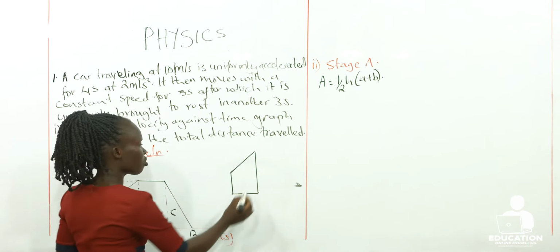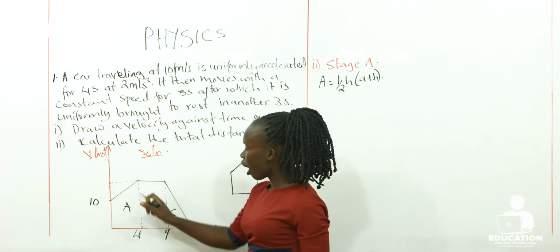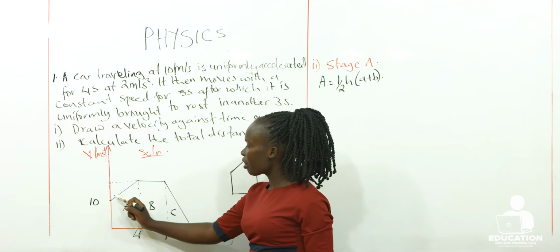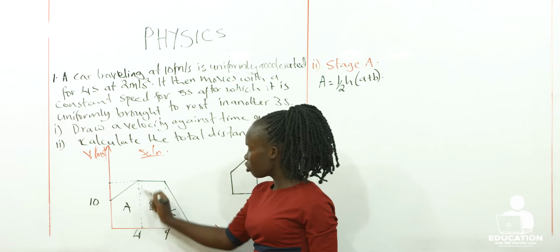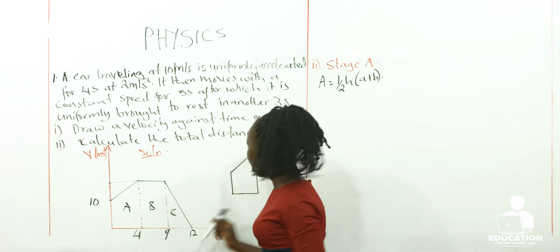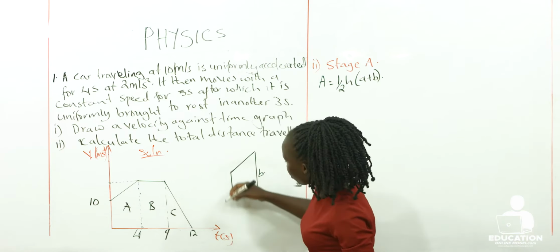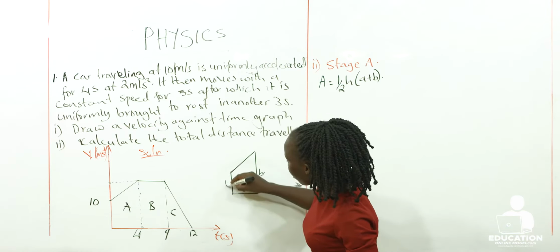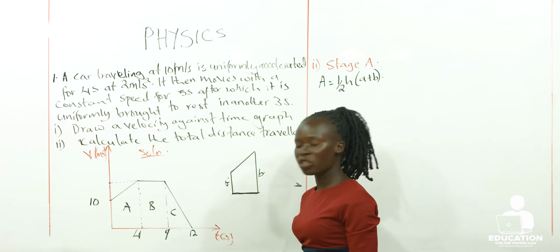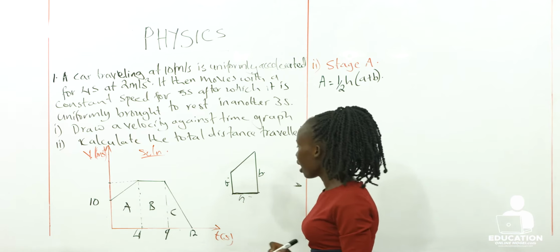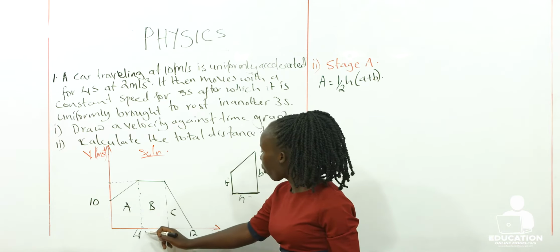We are taking this long side here, from up to down, from where the body accelerated and then attained the uniform velocity. This up to down is the B. If this is the B, where is the A? Our A is the short length here. What of this point here? This one is the height of our trapezium.